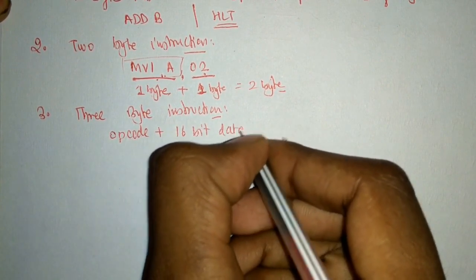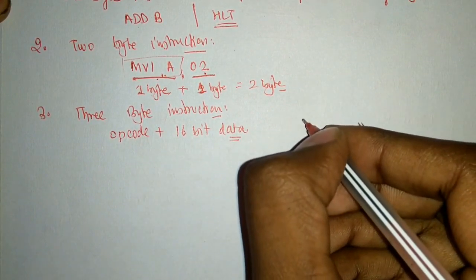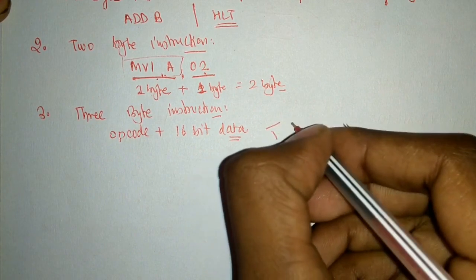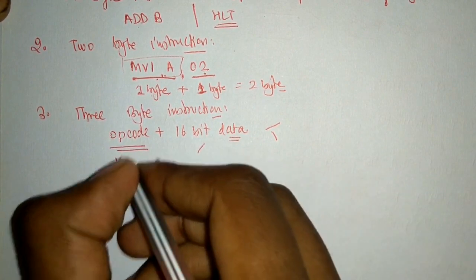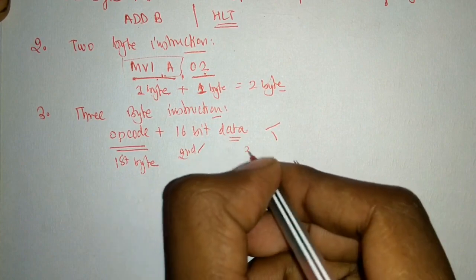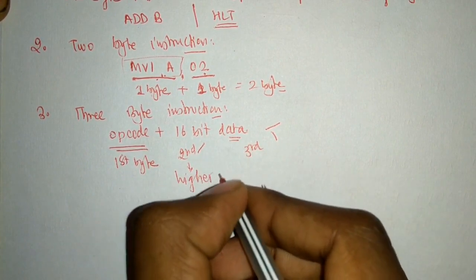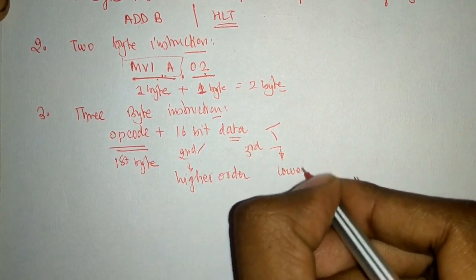The first byte is the opcode. Then there is a second byte, and then a third byte. The second byte is the higher order, or more significant, and the third byte is the lower order data.